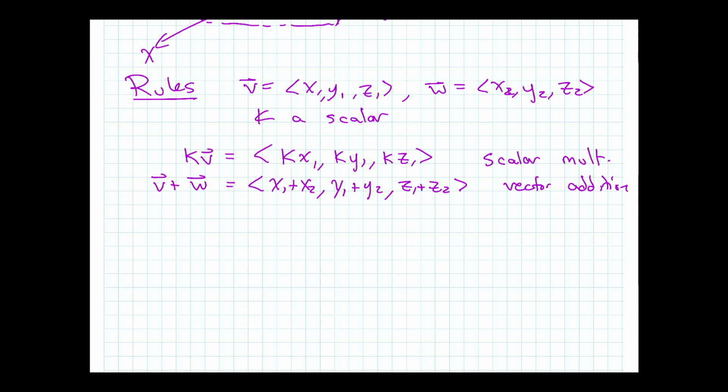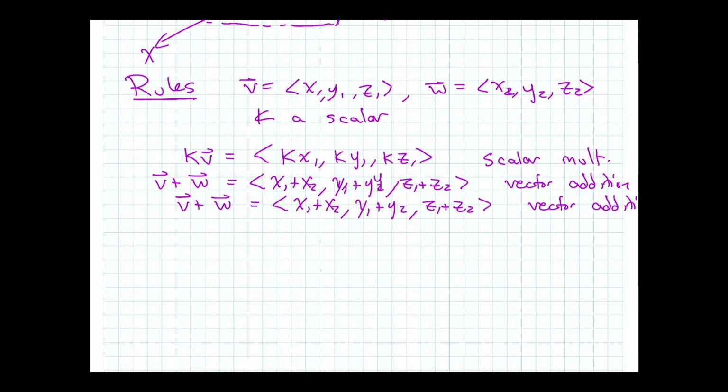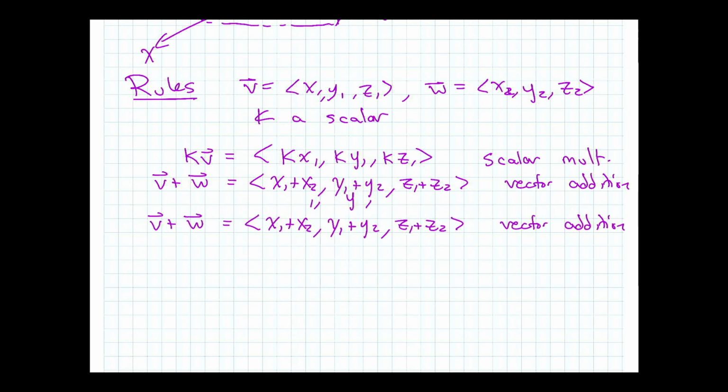Subtraction is identical. I wasn't going to type it, but I am because I can copy paste it and then you just change the sign. Minus, minus, minus. Vector subtraction.